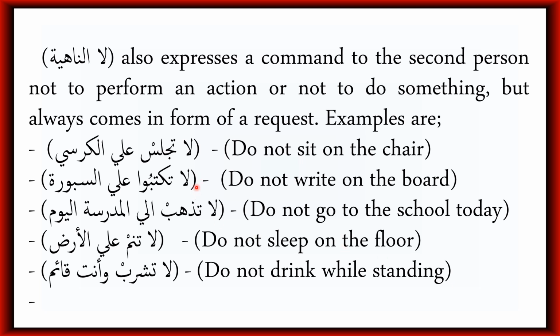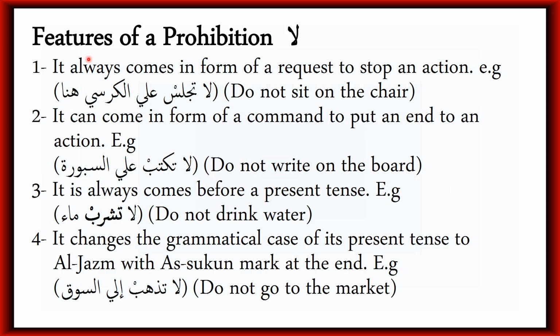In these examples, the la nahiya comes before the fi'l mudari, and when it comes to fi'l mudari, it is used to express command, which in this case is do not. Features of a prohibition law. 1.